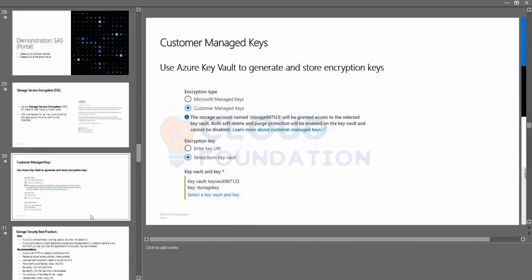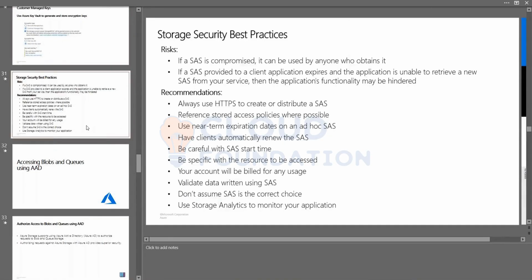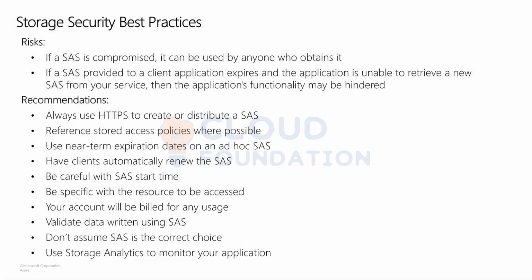This is a quick look into managing keys. If you look at the next member over here in terms of security best practices, in our case, we have already mentioned all of these things. If you look at the key points over here, there are options for HTTPS as well. It is recommended to use HTTPS for SSL-based encryption.